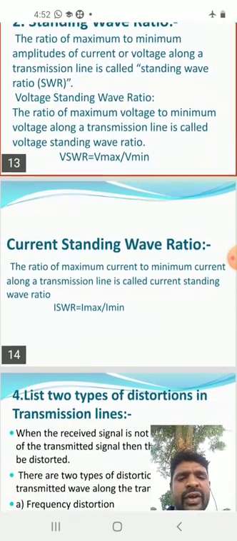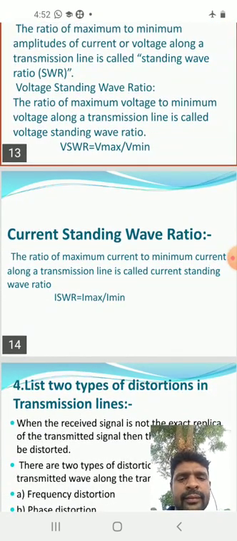Current standing wave ratio, ISWR. It is the ratio of maximum current to minimum current along a transmission line.